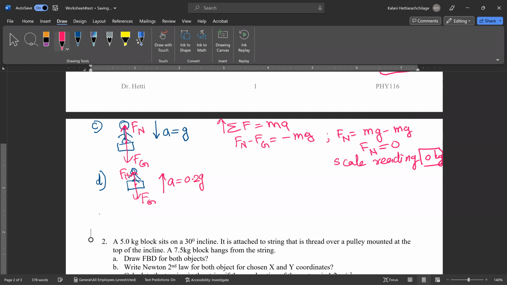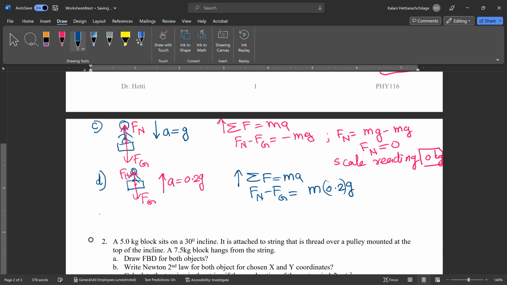Okay, so now we're going to use Newton's second law. In the upward direction, force equals mass times acceleration, and we have the normal force and the force of gravity downward. And now my acceleration is positive, that is 0.2 times g, right?